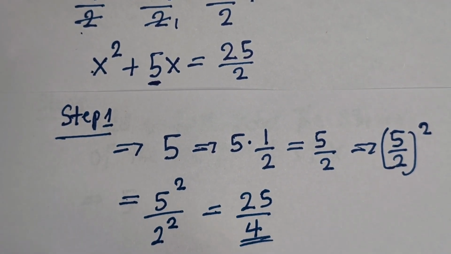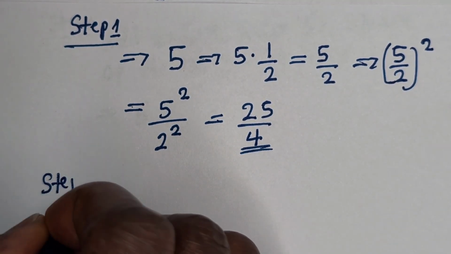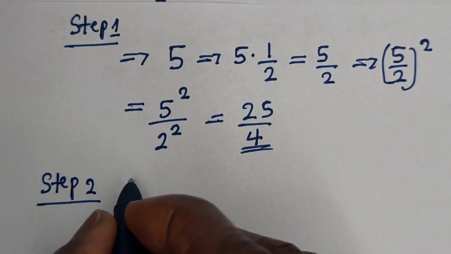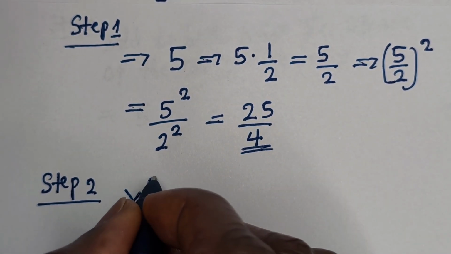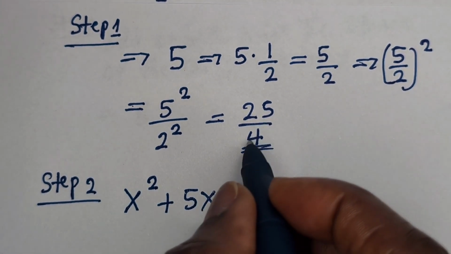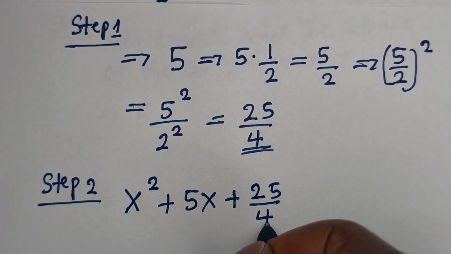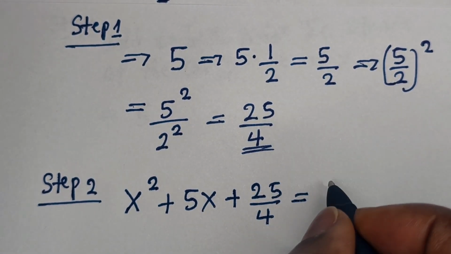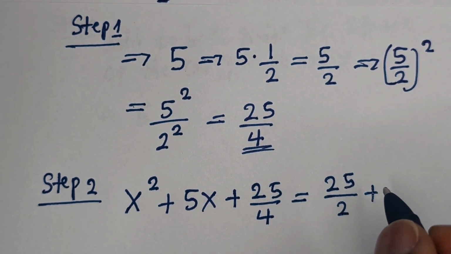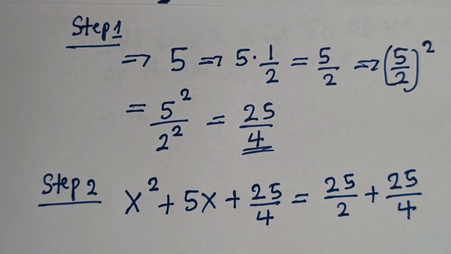Now let us consider the second step. Step 2. Let us add it to both sides of the equation. That is, we have x squared plus 5x plus 25 over 4 is equal to 25 over 2 plus 25 over 4.